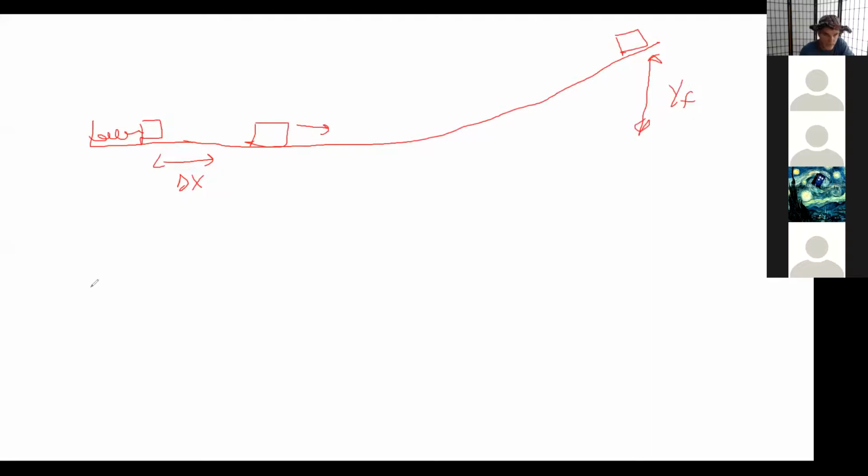So I know that the energy stored in the spring is 1/2 K times delta X squared. In this case, the only thing that's changing is K. I'm now doubling it, so I have twice the spring constant that I used to have.